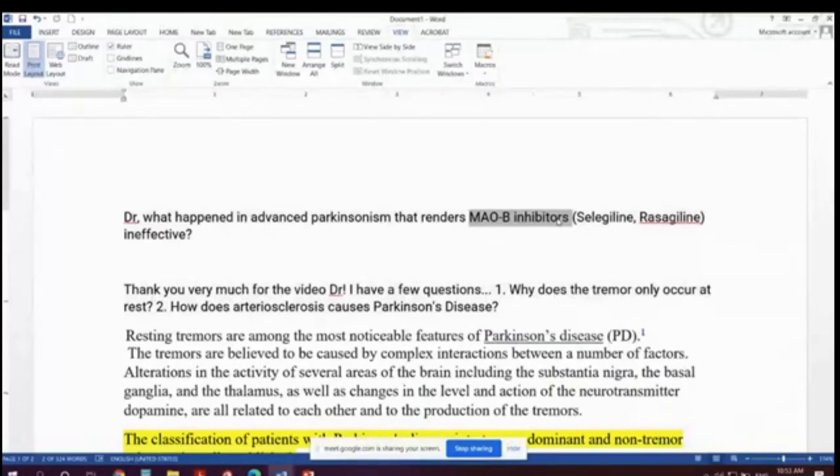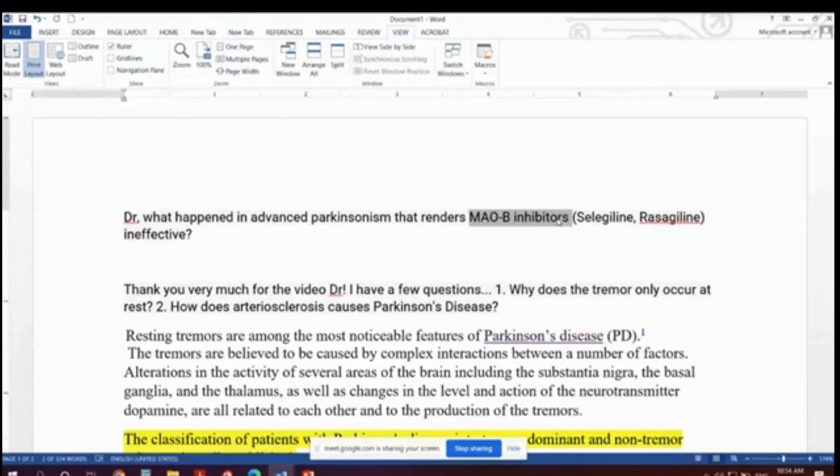So again, in advanced Parkinsonism, there is significant degeneration of the basal ganglia, and the production of dopamine is extremely low. Please remember that MAO-B inhibitors have their own side effect profile. If you compare the risk-benefit ratio, we are giving the patient many side effects along with minimal benefit of saving the remaining dopamine, which is already less.